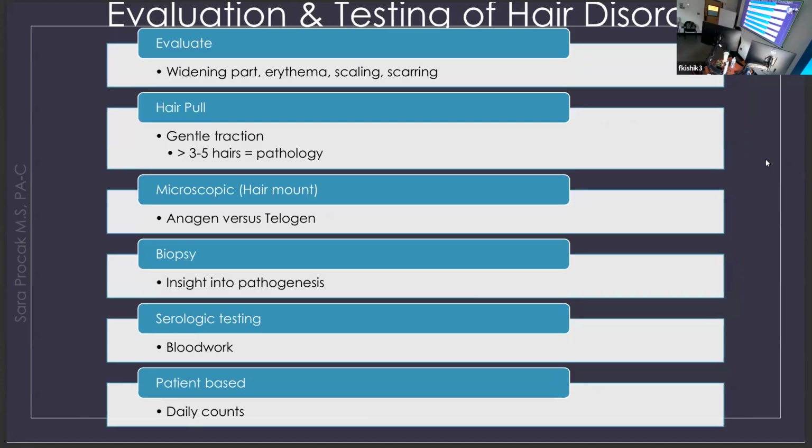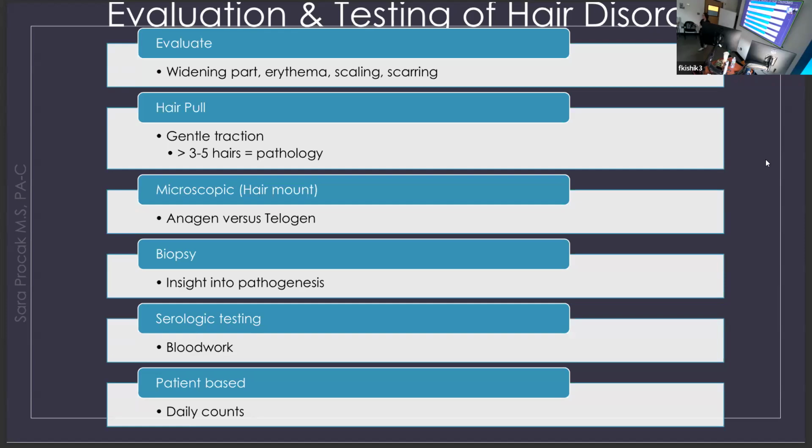Okay. So when it comes to evaluation of our patient who has hair loss, the first thing that we're going to want to do is we're going to want to take a history, right? We're going to talk to our patient. I think one of the most important questions you can ask your patient is, where are you noticing your hair loss, right? It might be obvious because they're going to say to you, it's on, say, my scalp. Okay. My next follow-up question is, have you noticed it anywhere else?